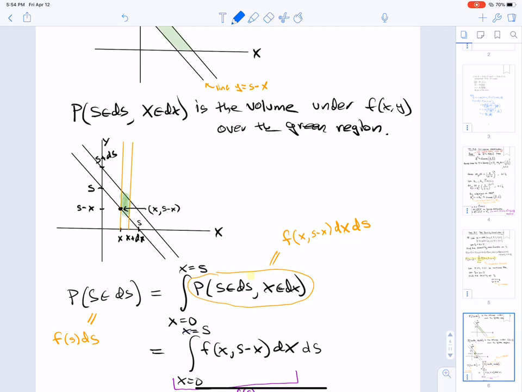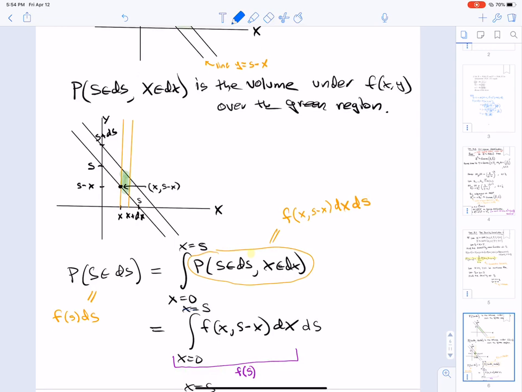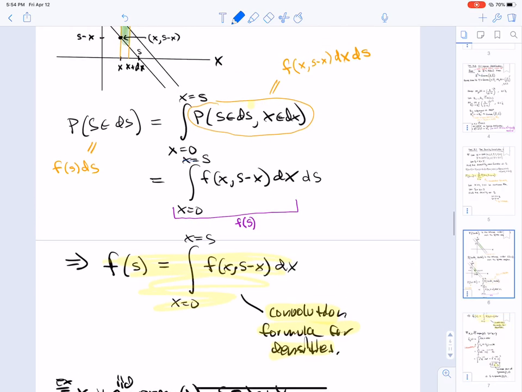So we get the integral from x equals 0 to x equals s of the probability that s is in ds, x is in dx, and as I said, that can be approximated as f_X(x) f_Y(s minus x) dx ds, which now we can recognize: the density of s is just that integral from x equals 0 to x equals s of f_X(x) f_Y(s minus x) dx. And this is the convolution formula for densities.